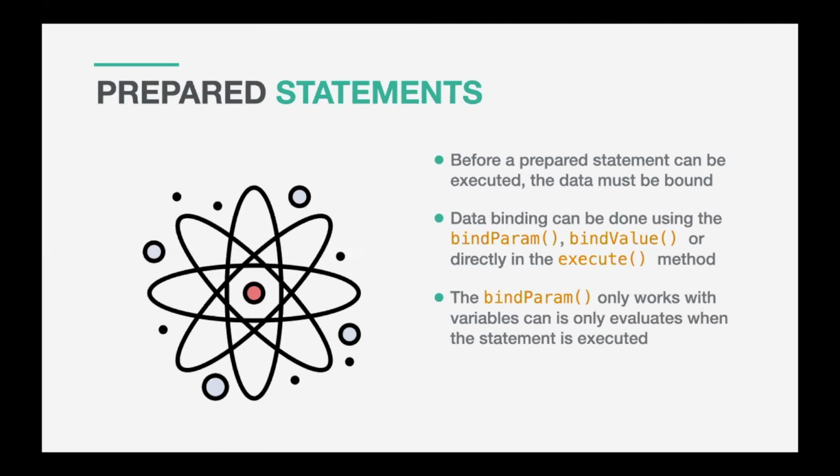So I recommend not using bind param when you're working in this course, and instead to use bind value. That's going to be more flexible for you, and you're going to run into fewer problems. I just want to bring up that you do have these two options, but bind value is generally the one you want to use.